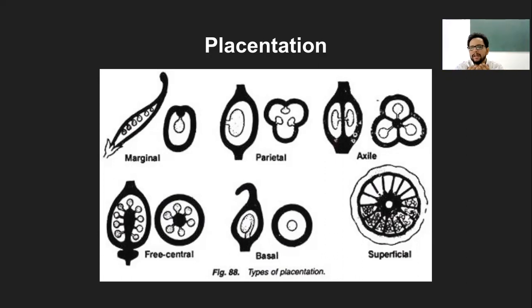I don't know if you have ever seen the bael fruit. Bael is one of the indigenous varieties of plant, and it has a round big fruit with seeds that are arranged very superficially. They are neither attached to the central axis, nor to the ovarian wall, but are located in between, attached to the inner portion of that particular fruit. That is the superficial placentation.